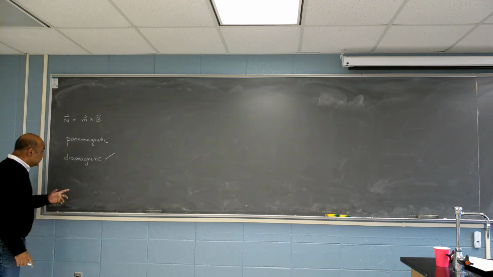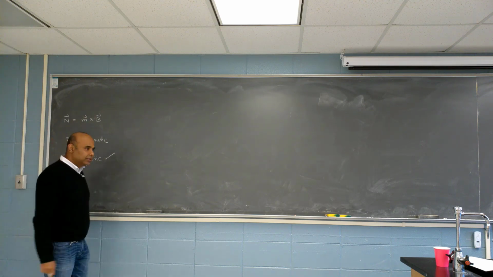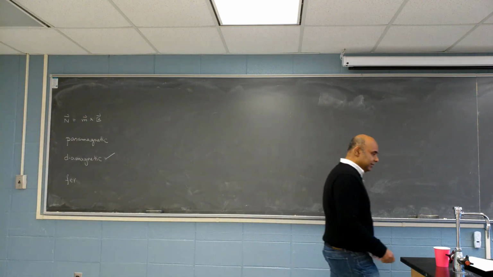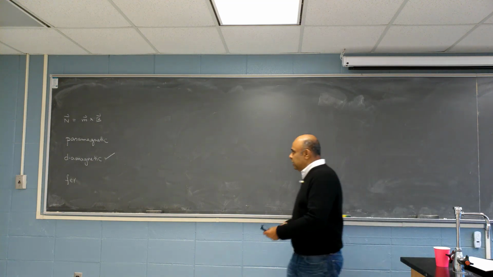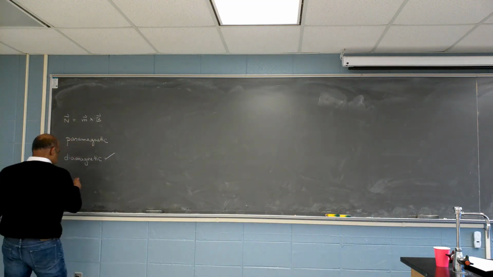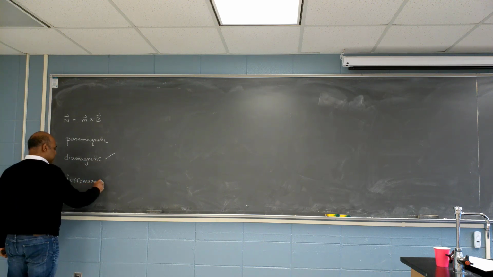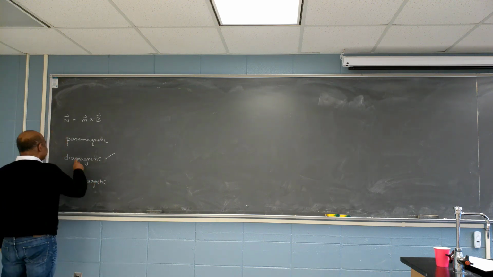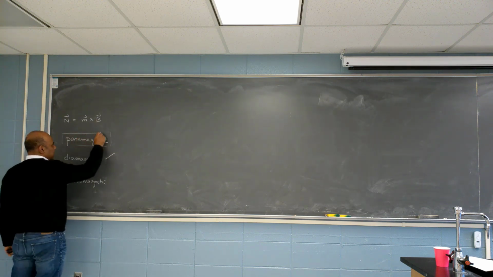Okay? And there's a third class, and that is ferro. I don't know how many R's. Sounds like it should be 2 R's, right? Like iron, ferrous. Yeah, ferro. So, this is easy enough that it doesn't really require justification.